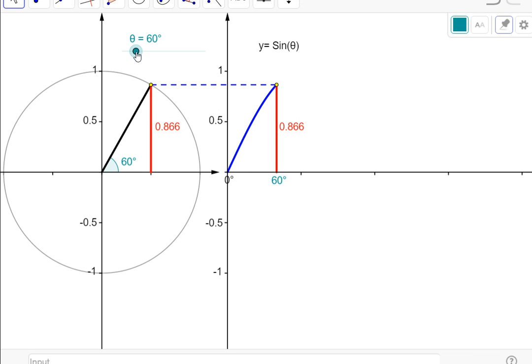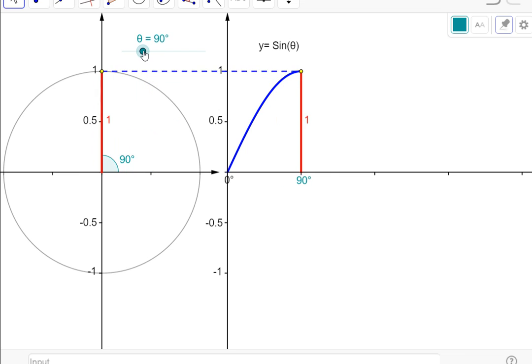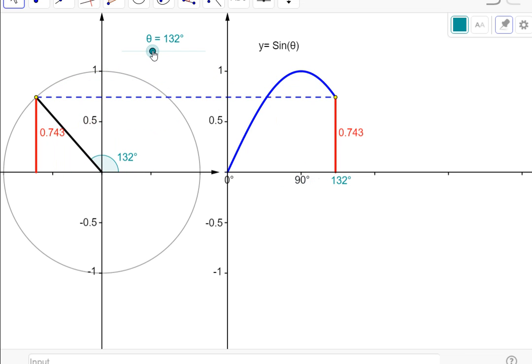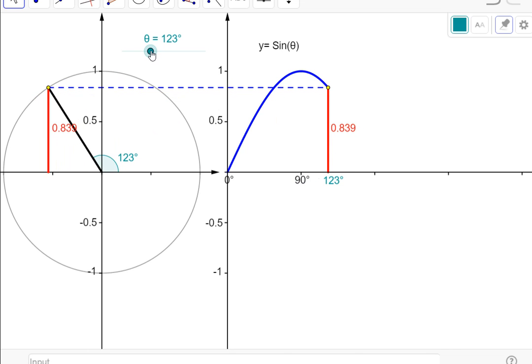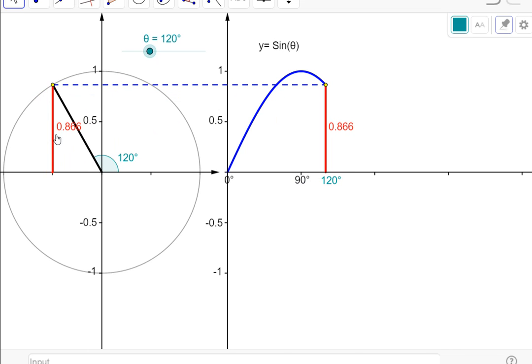Now, if I rotate around to 120 degrees, I know from my work with the unit circle that I should get the same output for y. And my y output, when I go around 120 degrees, because I've gone 60 degrees up from the negative x-axis here, I end up with the same y value of 0.866.